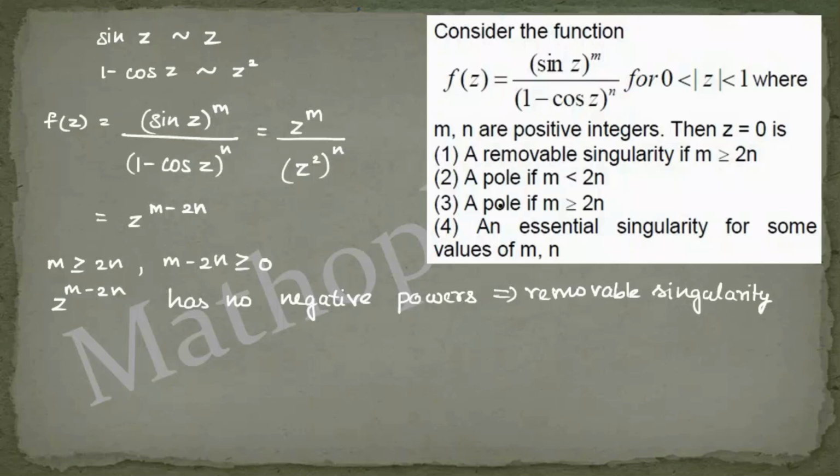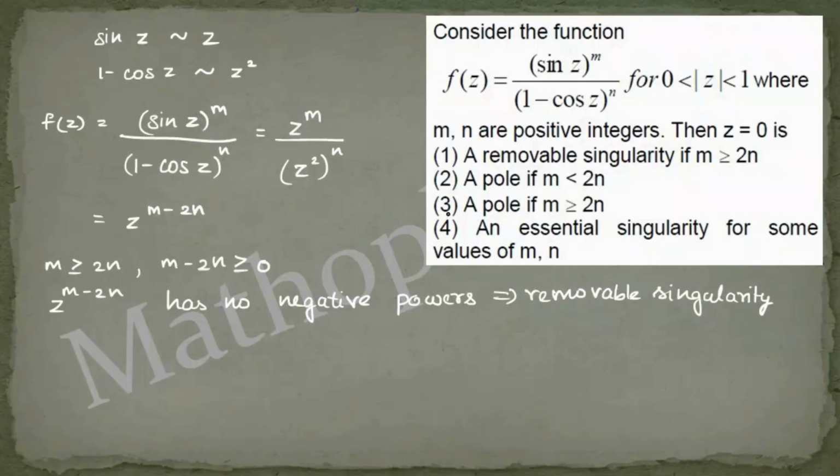So therefore the first option is correct, removable singularity, and option 4 is wrong. So removable singularity is correct and it is not an essential singularity.